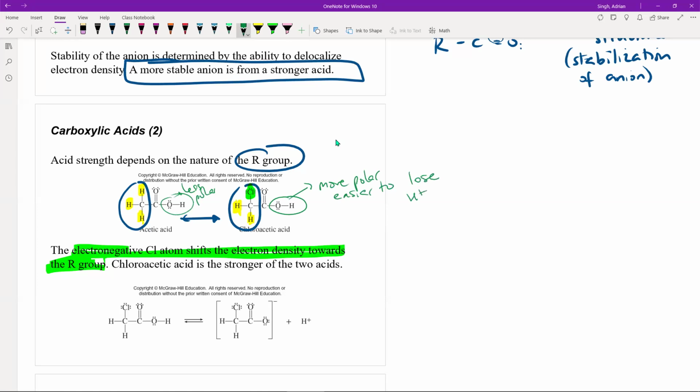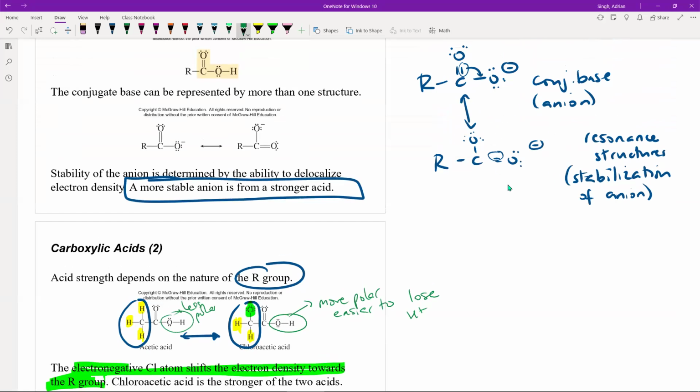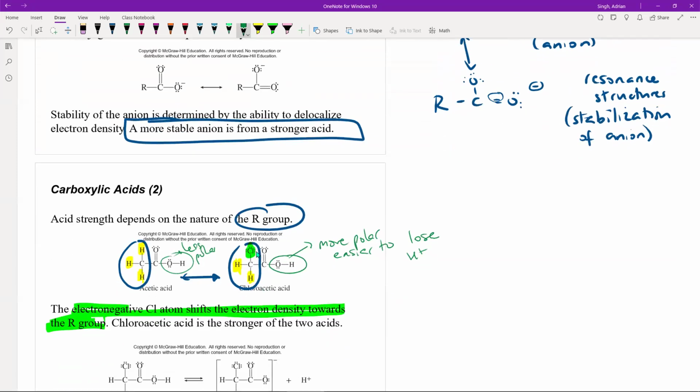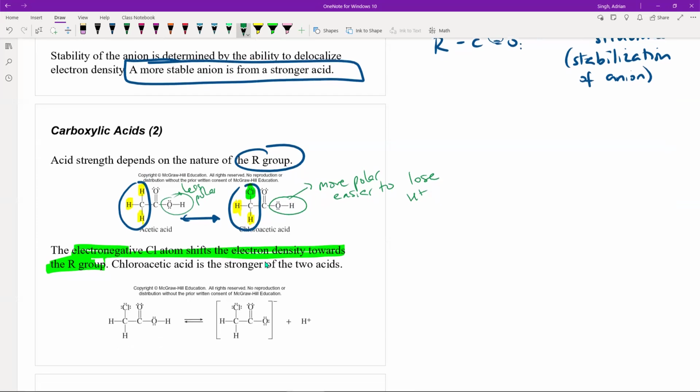that H plus. The other thing here is that once we form that conjugate base, those electrons that are being delocalized, they can now delocalize over much more of the molecule because they're being pulled towards the Cl. They're not being pulled towards the H's in acetic acid. If those electrons can spread out more over the entire molecule, that makes that conjugate base even more stable, which means the acid then wants even more to get rid of that H plus, which would make it a stronger acid as well.